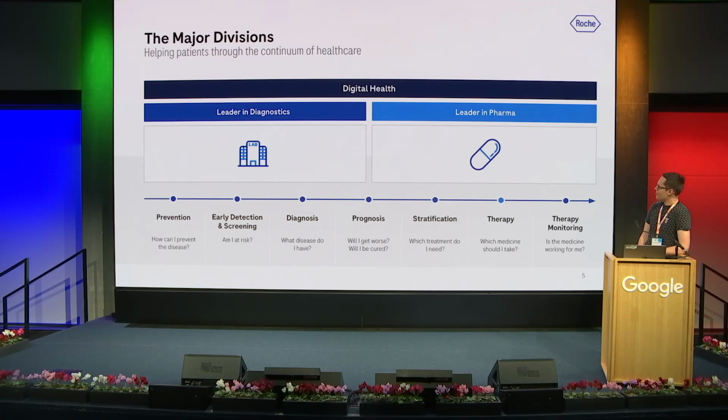But what is maybe a bit less known is the part here on the left, which is that Roche is actually also doing diagnostics. Where on the right side it's more about treatment, you know what the patient has, you give them the right medication, on the left side it's more about figuring out what's wrong. And Roche actually is a large manufacturer of lab devices, which do analysis of all kinds of samples, blood samples, DNA samples.